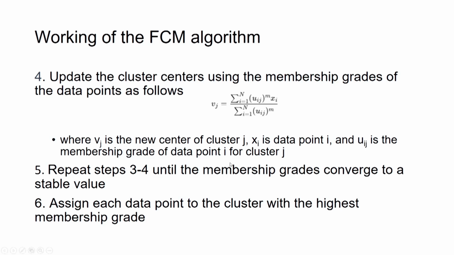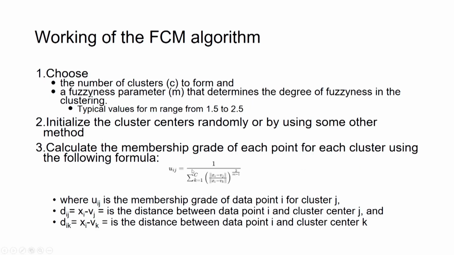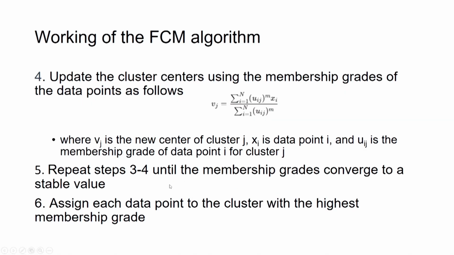We will again update membership values of different points for different clusters using the same formula, and after updating these membership values, we will again update cluster centers using this formula. These two steps we will repeat until the membership grades converge to stable values.